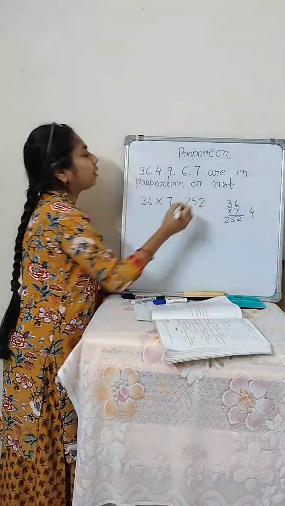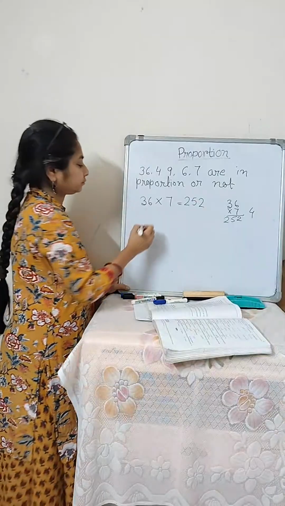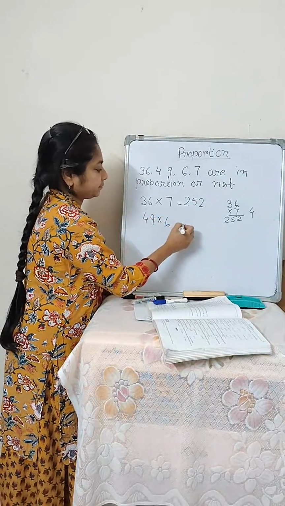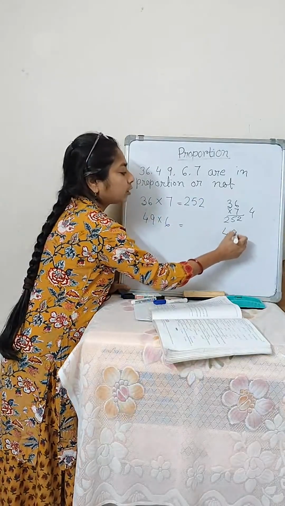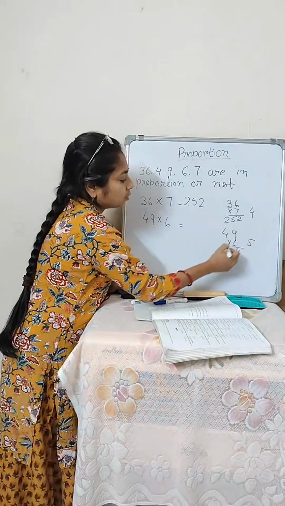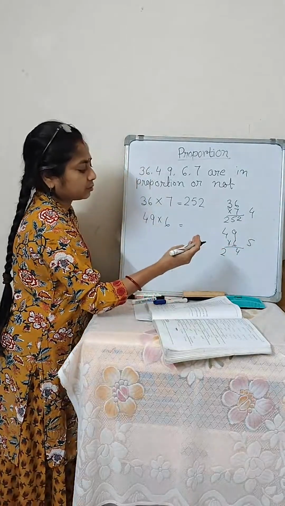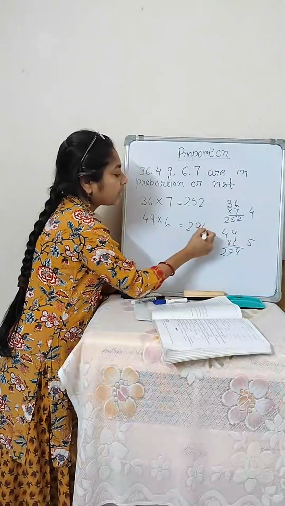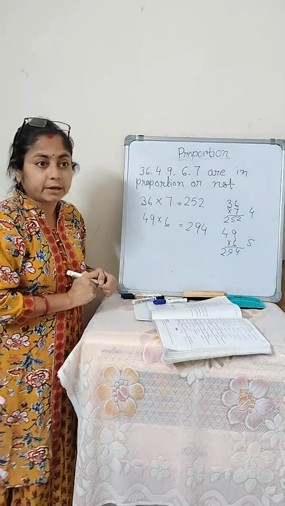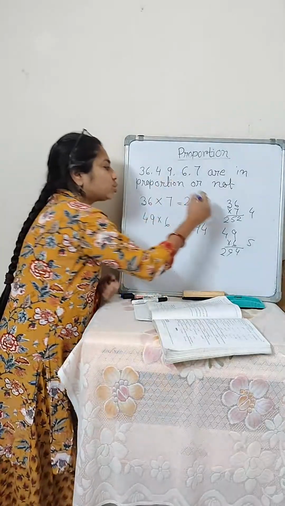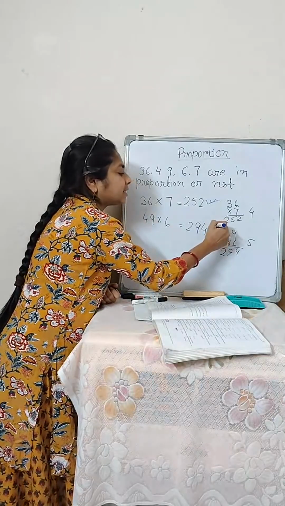252. And what is the mean part? 49 into 6. You check it. What's the result? 294. Now you check. According to the proportion rule, these two results must be the same.